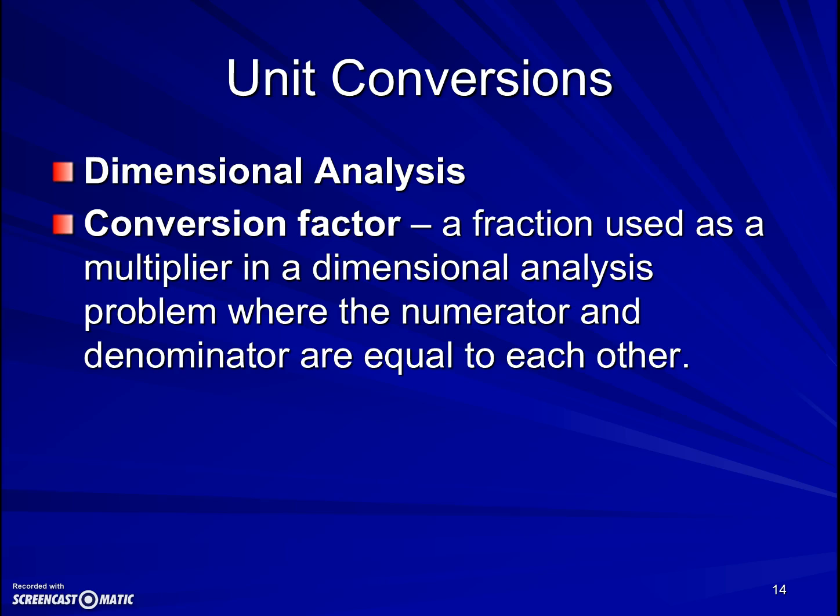For example, there are exactly 2.54 centimeters in an inch. So if my height is 70 inches and we multiply that by 2.54, we'll know exactly how many centimeters tall I am. And then we can multiply by 1 over 100, because there are exactly 100 centimeters in a meter, and we would have my height in meters.